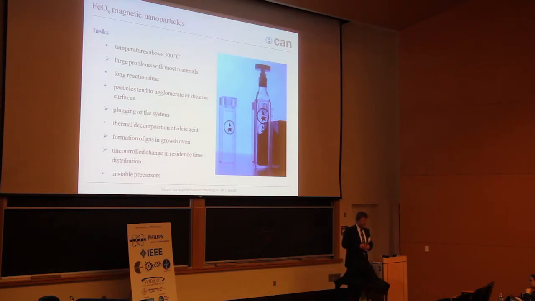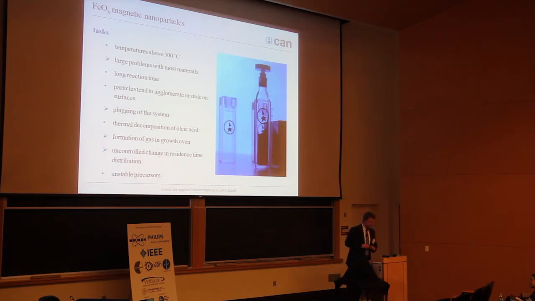So this is not good. On the other hand, the particles have a lot of time to stick to the surface of the reactor. So you usually end up with plugging of your system quite fast. And you can believe me that a plugged continuous flow reactor is not really what you want to have. This makes much more work than you would have in the batch synthesis.